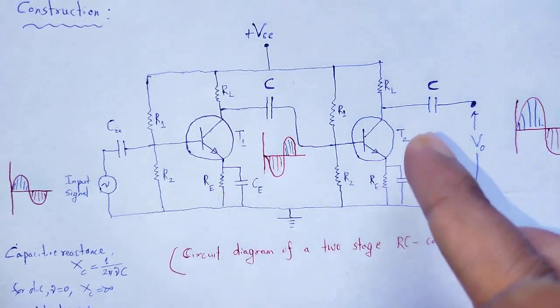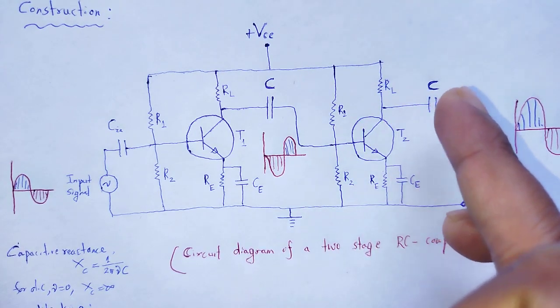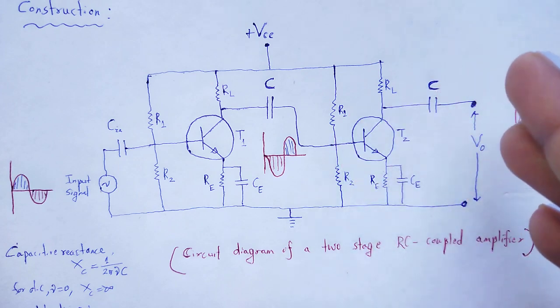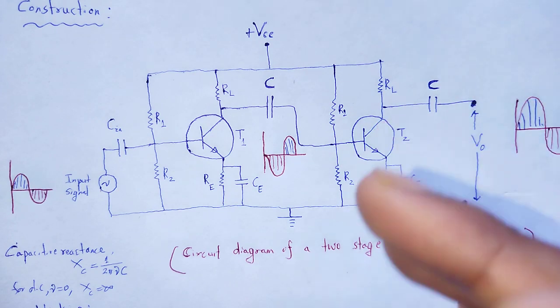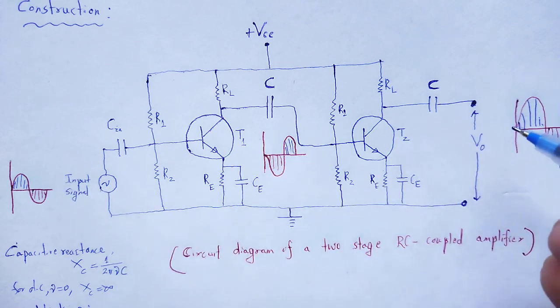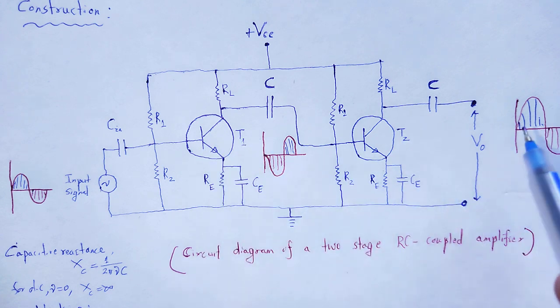That type of arrangement is known as a cascaded arrangement. So, in each cascaded stage, we obtain increased amplification. That is the working of the RC coupled amplifier.